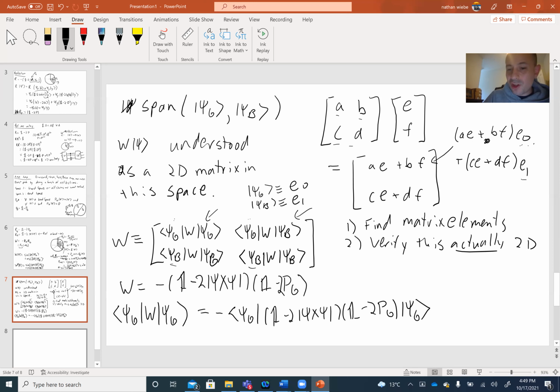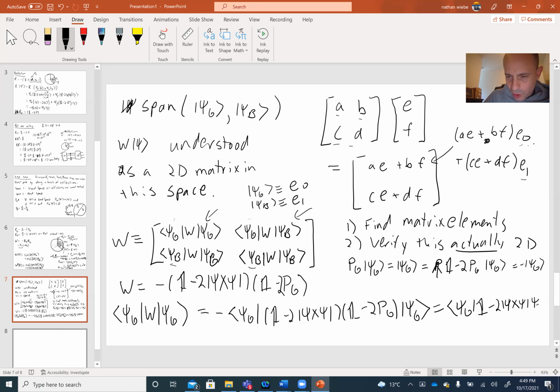Now, psi G, by definition, is in the good space. Therefore PG psi G equals psi G, and this implies that the reflection, identity minus 2 PG acting on psi G, is equal to negative psi G. This gives us psi G, identity minus 2 times the projection onto psi, acting on psi G. Note the negative sign here canceled this negative sign.